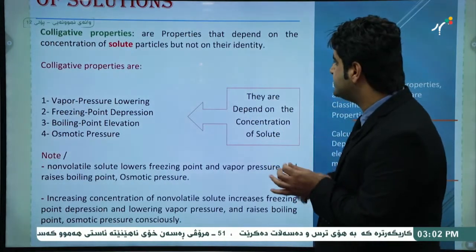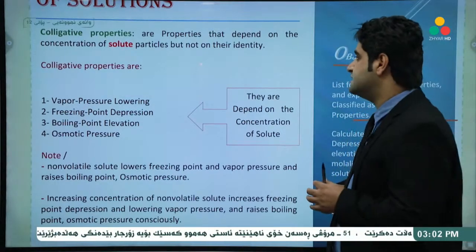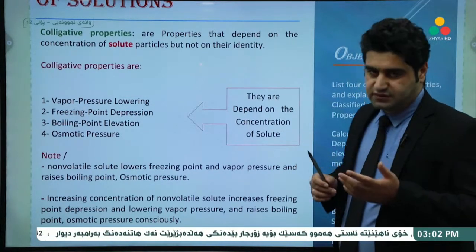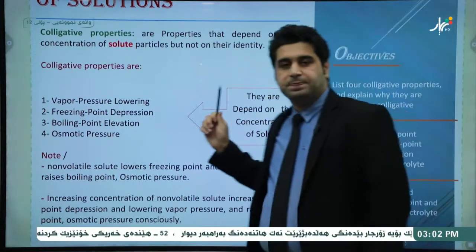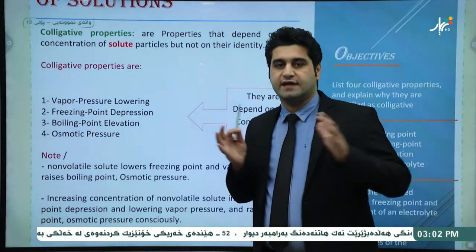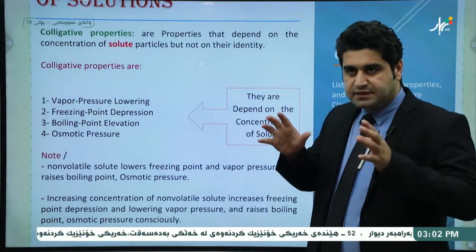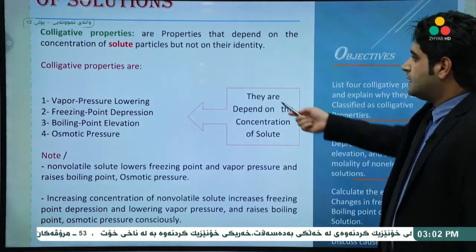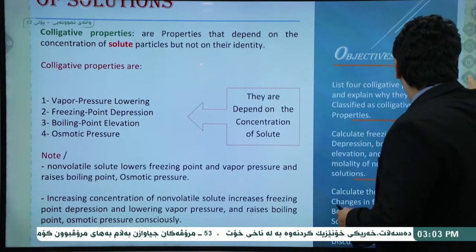They depend on the concentration of the solute rather than its identity or nature. The word colligative came from a Latin word, colligatus, which means the collecting numbers of a solute. Very well. We will talk about each of them one by one.